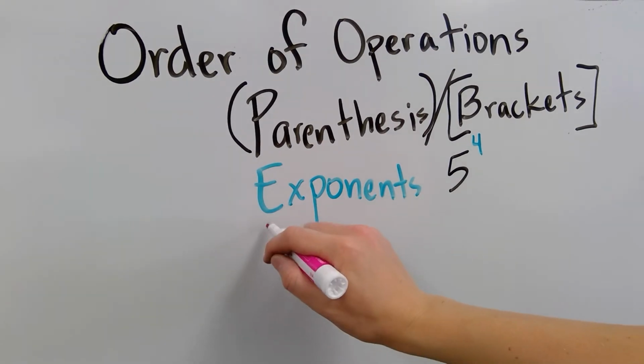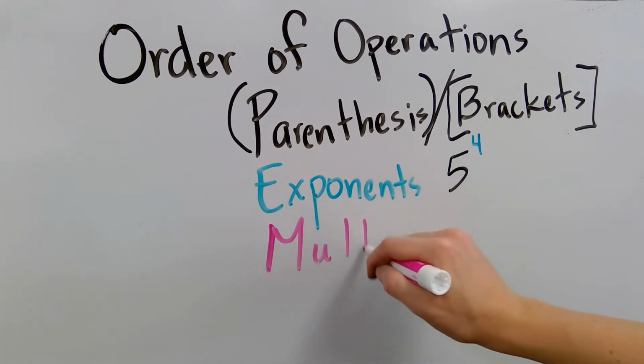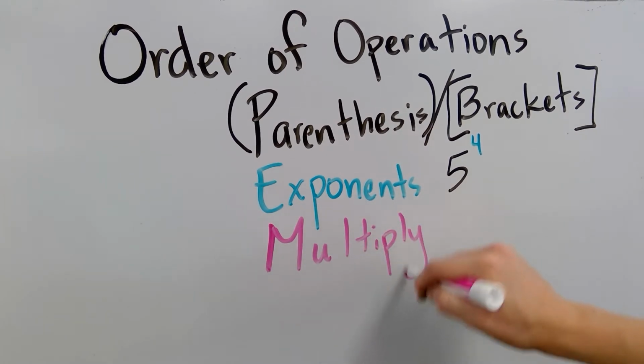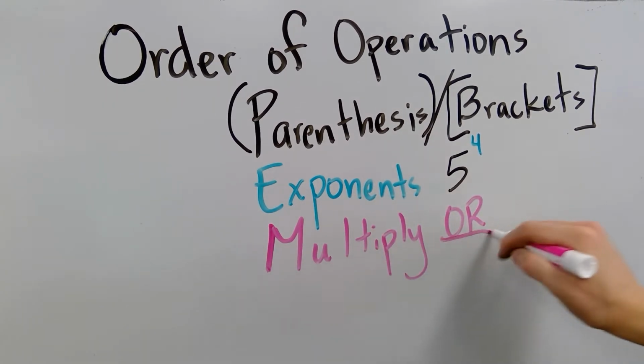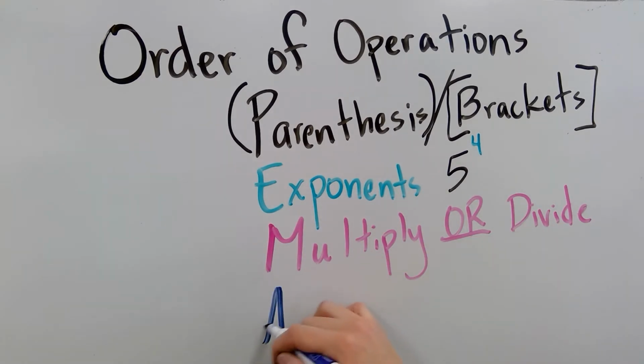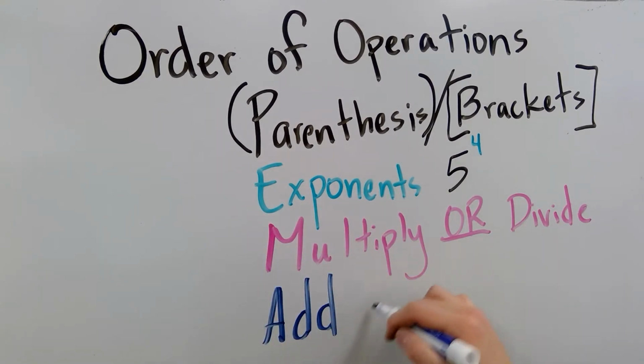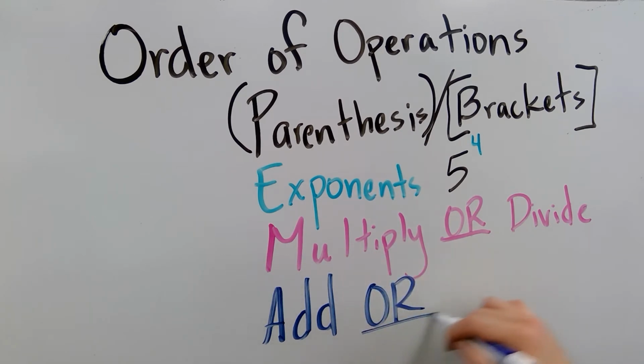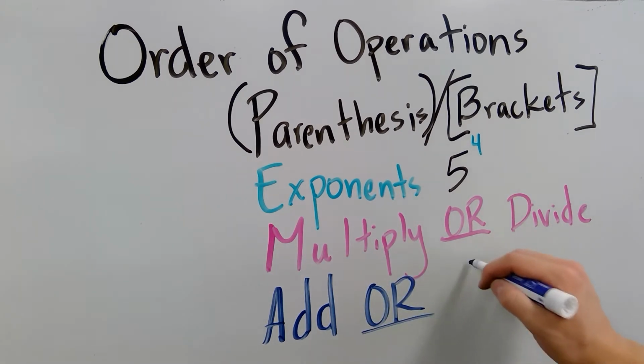then we multiply or divide whichever one comes first in the problem. And we'll talk about that in just a second. And then the last step is to add or subtract whichever one comes first when we go from the left to the right.